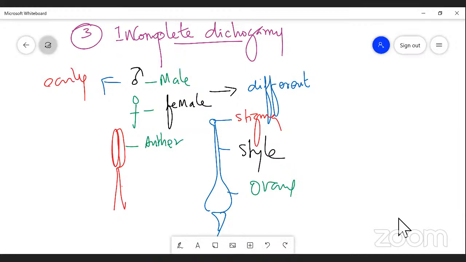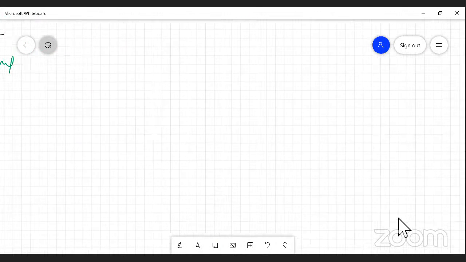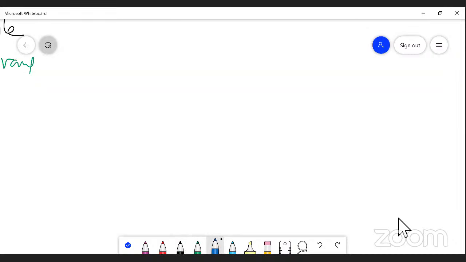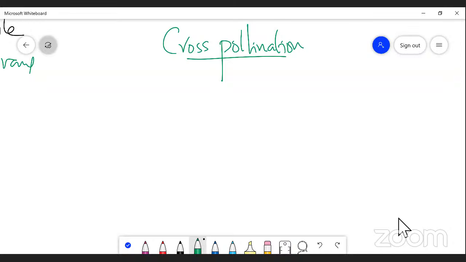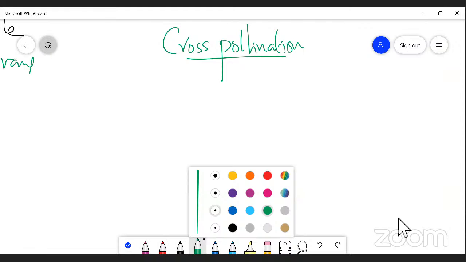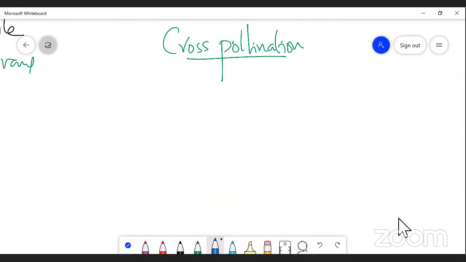So next we pass on to cross pollination. It is a very interesting topic. Now cross pollination, as I said, takes place between two flowers of the same plant or of different plants, right? That is called cross pollination.